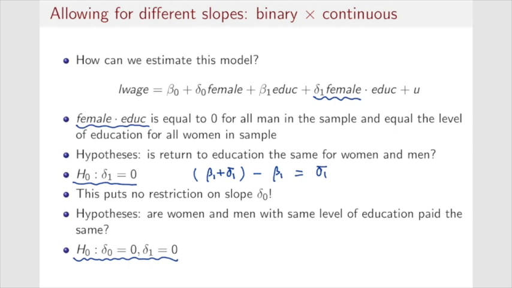For this case, the null hypothesis is a joint hypothesis. It says that delta 0 equals 0, which is the constant difference between these two groups, and delta 1 equals 0, which means the slope difference for these two groups.